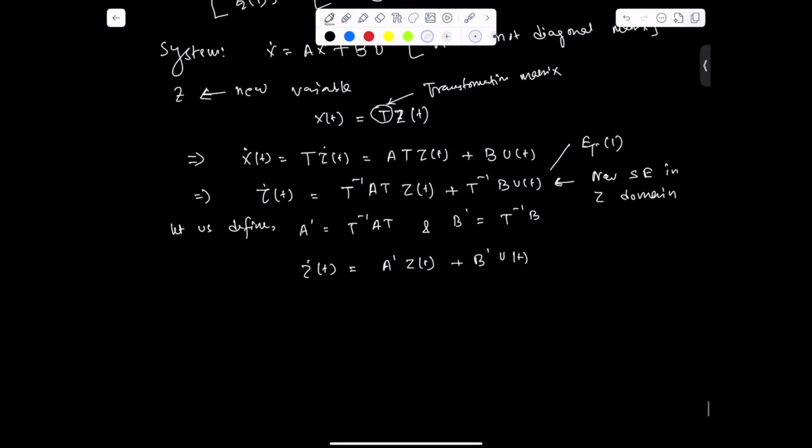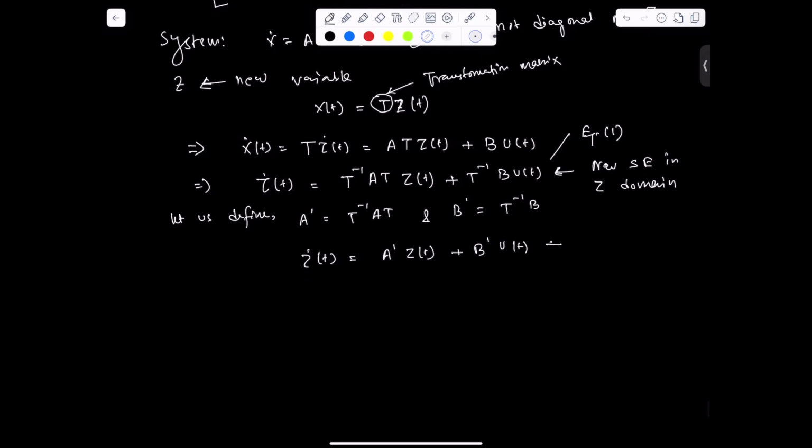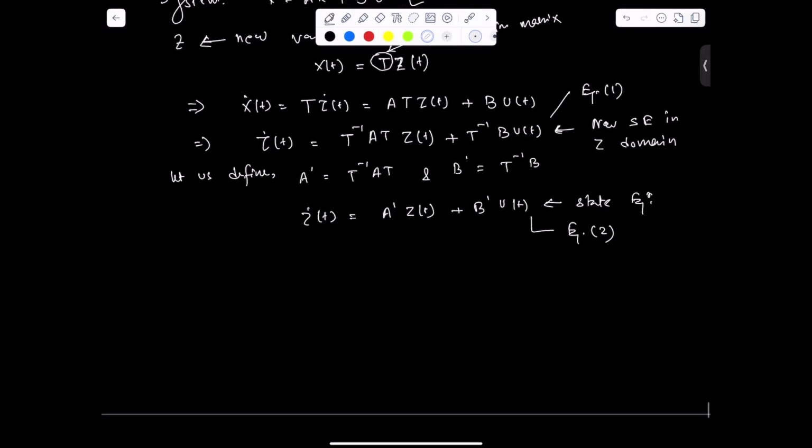Okay, and similarly, so this is the state equation, and let me define this as equation number 2.